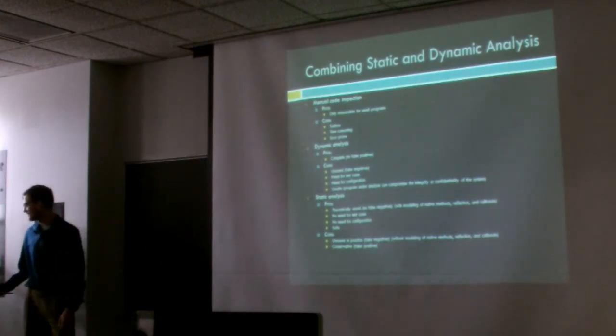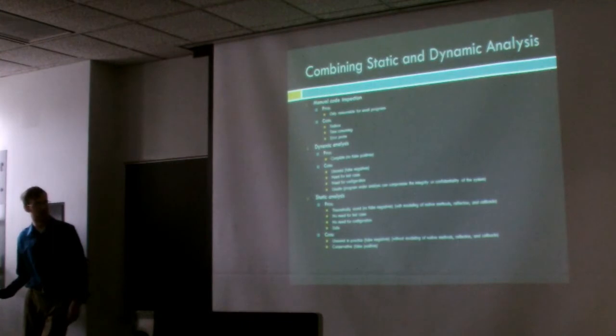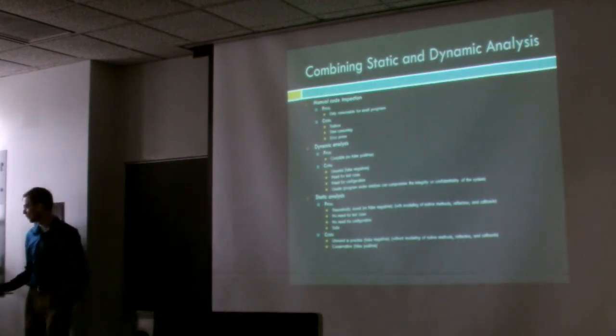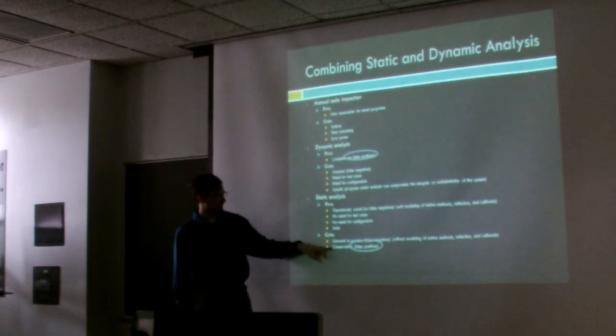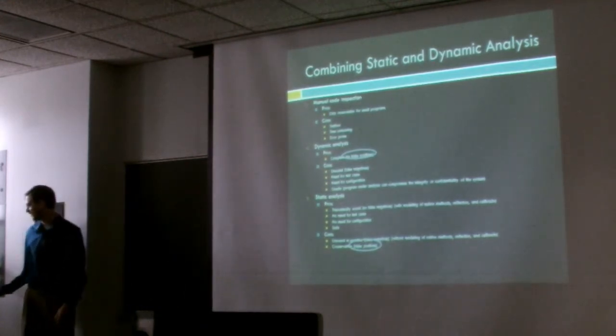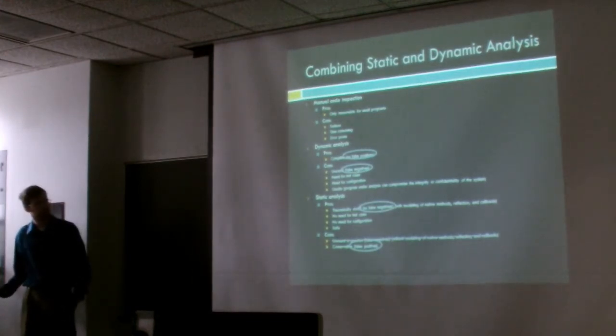But as I mentioned before, they're kind of a pair. Static analysis doesn't report any false negatives, and dynamic analysis doesn't report false positives, but they do report the opposite. So these kind of counter each other.